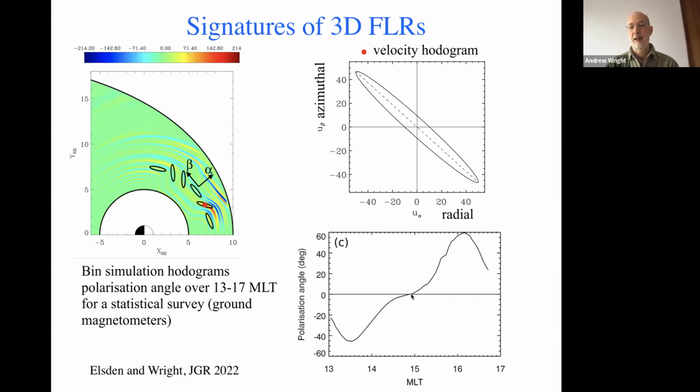In the middle, it's back to 0, and then it tilts the other way as you cross the other boundary of the plume. So this might be more suitable, for example, for a chain of ground magnetometers rotating under the plume. You might expect to see this kind of signature, and on a satellite, you'd expect to see these sort of features.